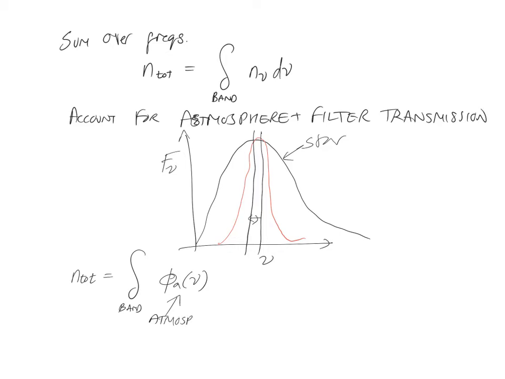So this is your atmosphere. And then you'd have some kind of telescope transmission as a function of frequency. So this would be the filter, plus any glass or anything else that's going on, any dust.